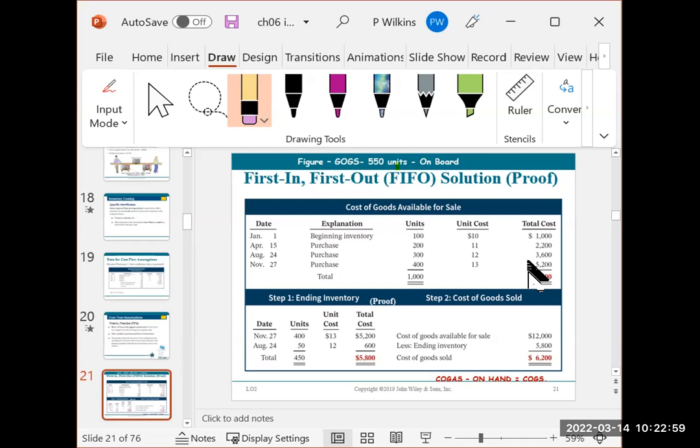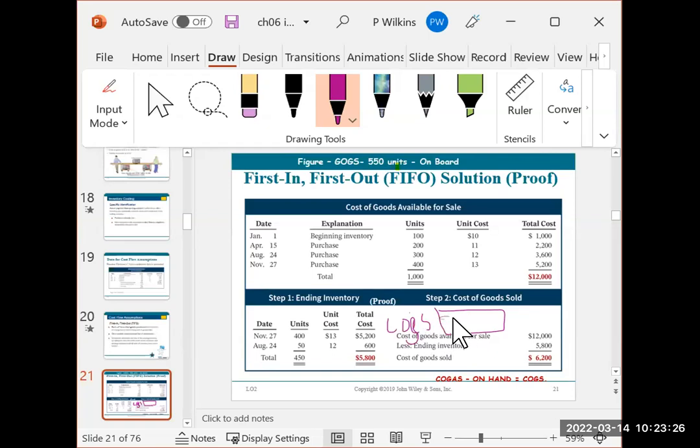Now, in your problems for your test and for your homework, they're going to want an answer, and your answer is going to be like this. It's going to be a box, and they want to know cost of goods sold. That's all they want to know. They don't want to know how you figured it out. All of your figuring out is going to have to go on scratch paper.